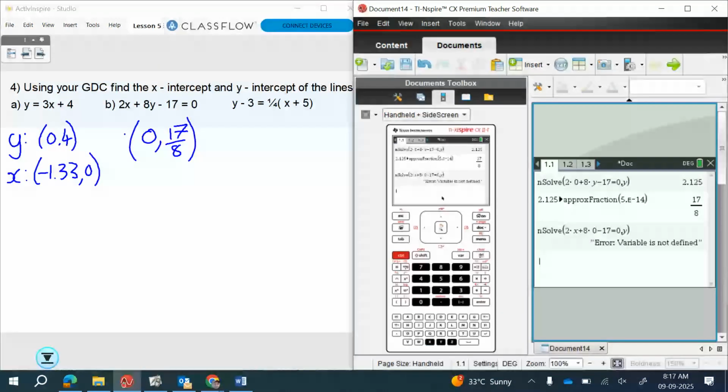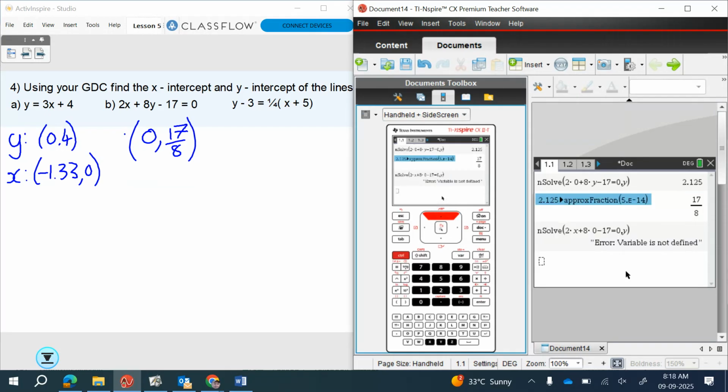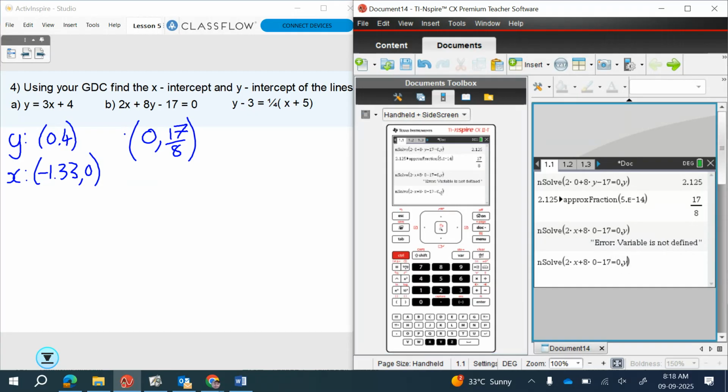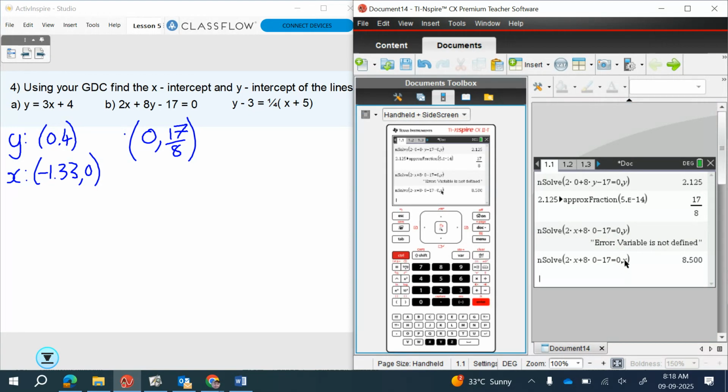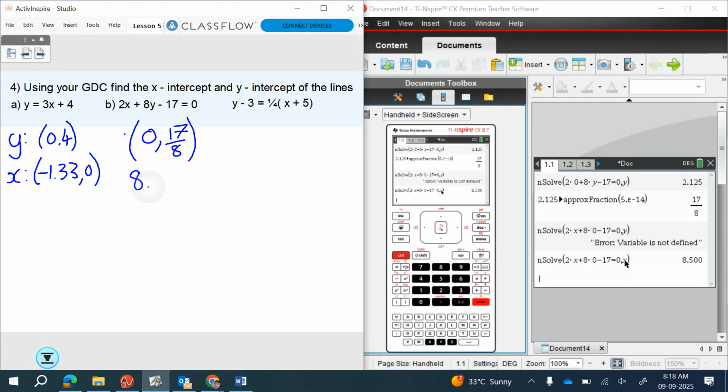Oops, I got an error because I didn't change what variable I'm supposed to be solving for. And here on this one, I'm going to solve now for x. And we get 8.5. So this goes through 8.5, comma 0. And basically, to find the y, just plug in 0. Yeah. So either of those two techniques would work for this third one.